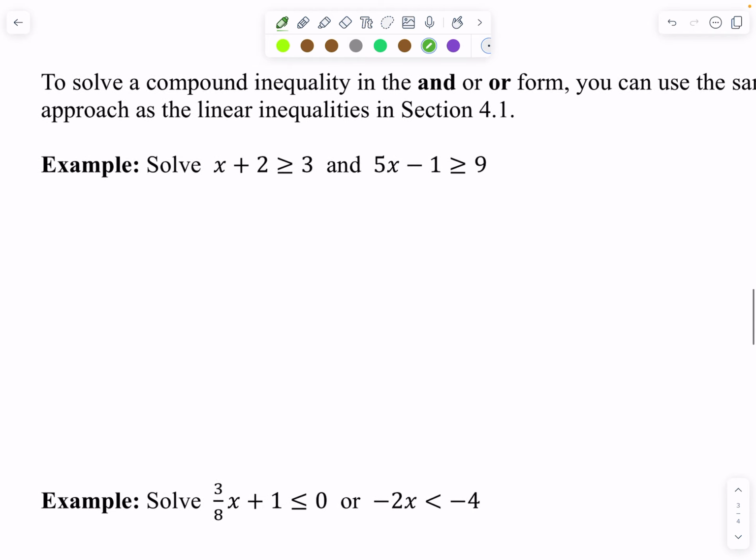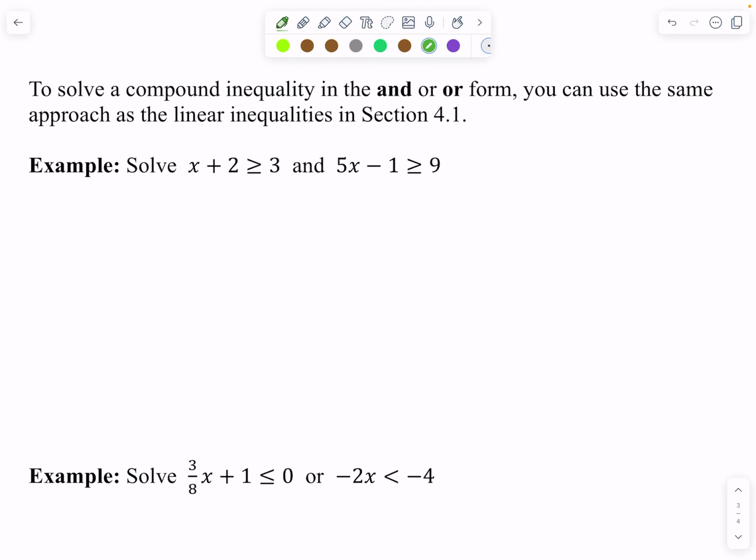Okay, so this is to support us with representing our solution sets to these different linear compound inequalities in interval notation as well.